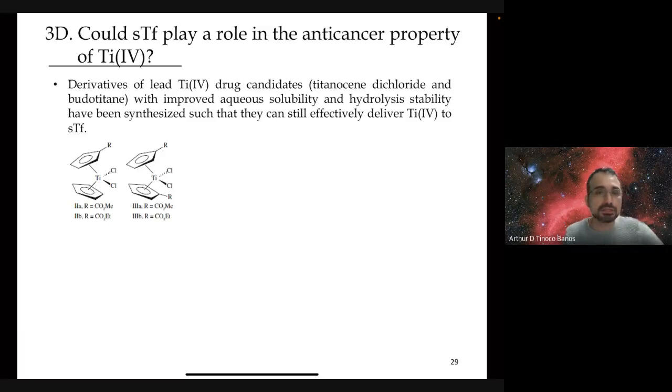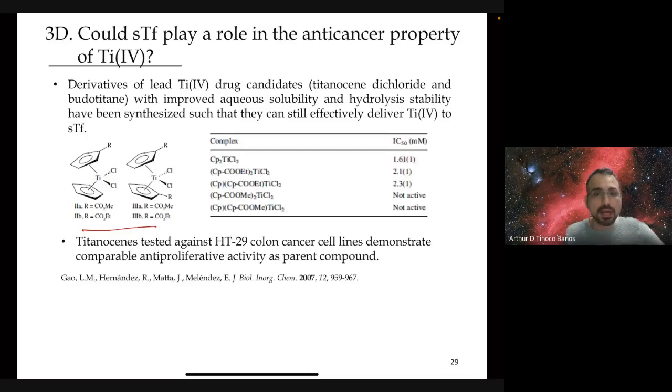Here is another study where there were modifications performed on the cyclopentadienyl ring. Those modifications still didn't produce a cytotoxic or even an antiproliferative compound that was very effective. Even then, these compounds were not able to overcome the interaction of titanium with transferrin.